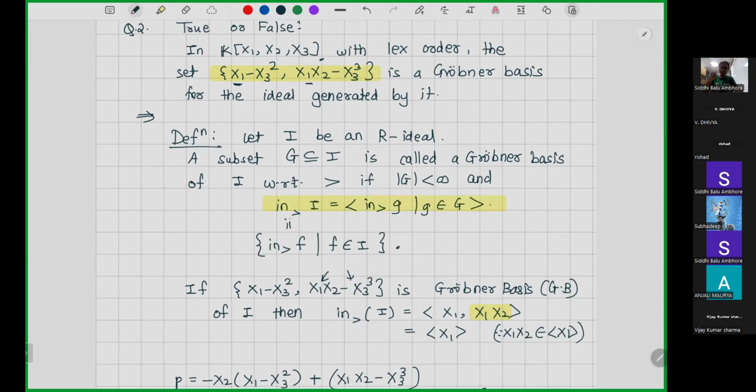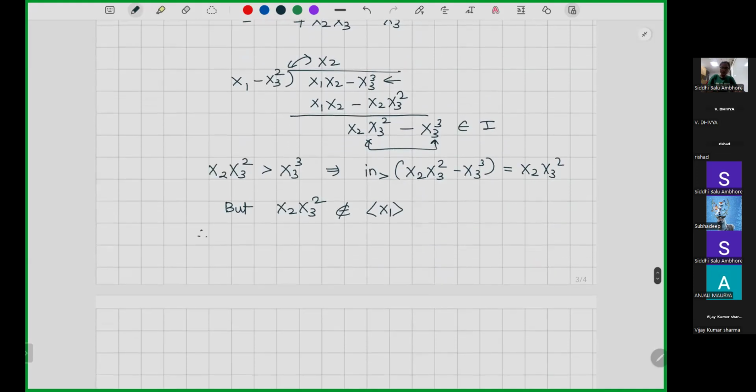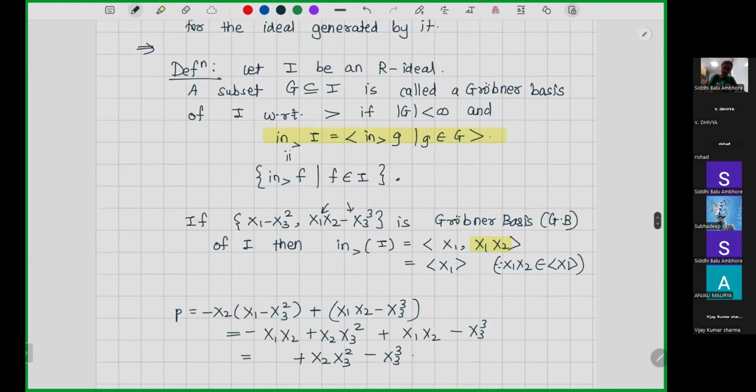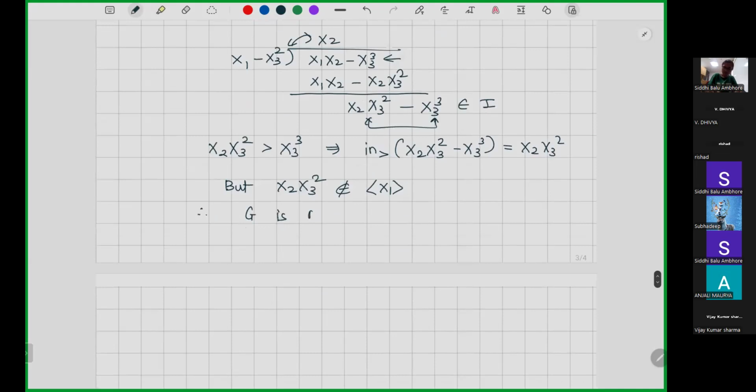This is the definition. Okay, so that's why this set G we had is not a Gröbner basis of this ideal I. Is it okay?